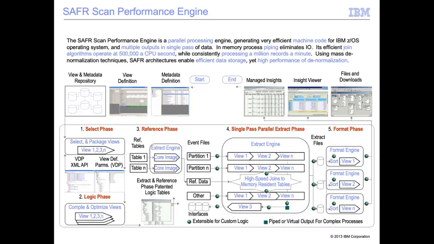And you can control that based upon what parameters you pass. The select phase will then select from the metadata repository those views that need to be resolved in that pass through the database. It builds them into a file that historically has been called the view definition parameter file, the VDP.